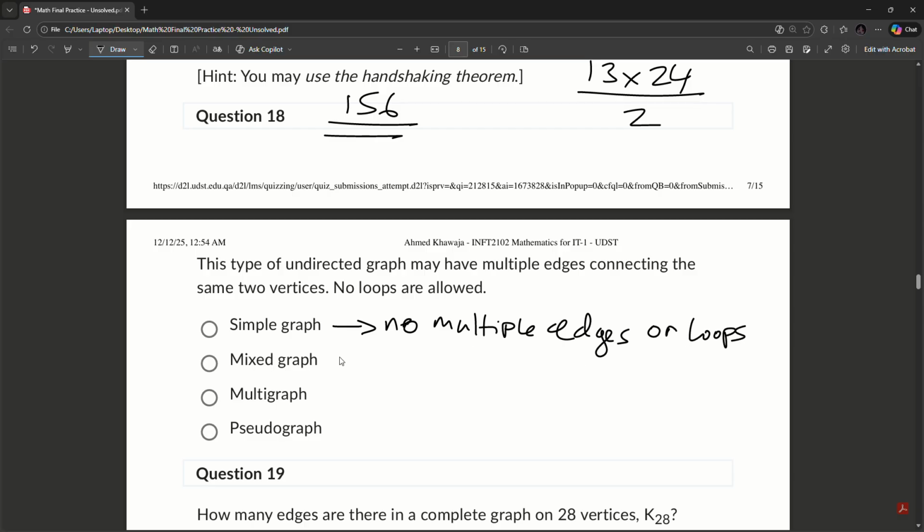A mixed graph can have both undirected and directed edges. But they're not relevant here because loops are allowed, if I'm correct. Yeah.